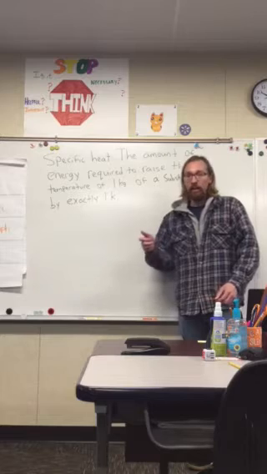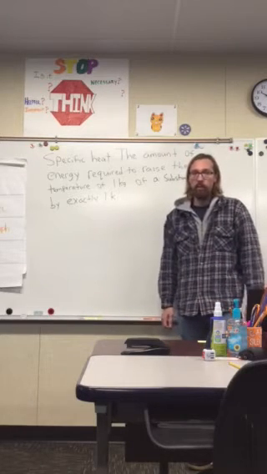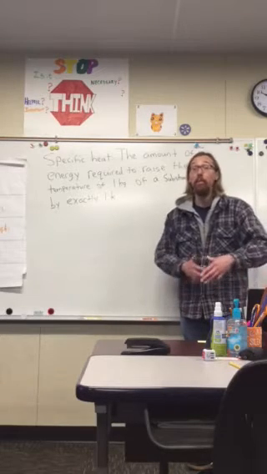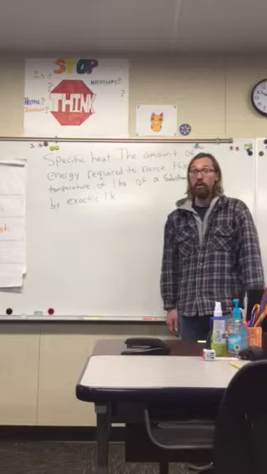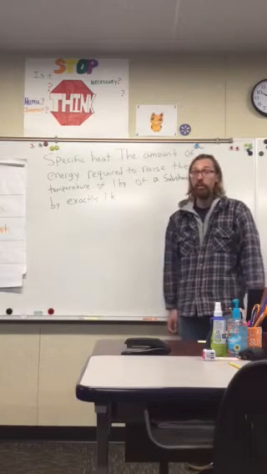The aluminum would get hot faster than the water would, because it takes a lot more energy to heat up the water. It would take more time to heat up the water. That's why the aluminum would take less time and it would be hot sooner.